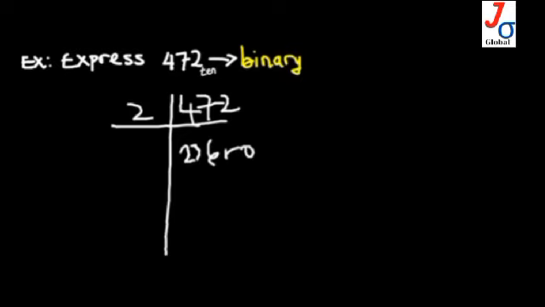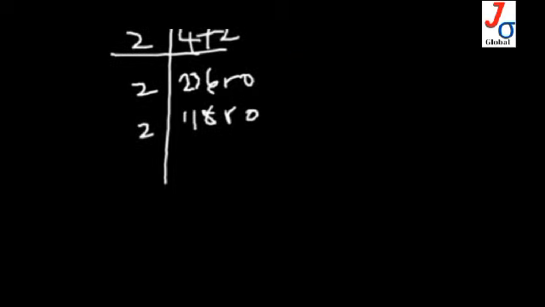Then divide the same value by 2. That's 118. Remainder is an even number, so it's going to be 0. Then also divide 118 by 2. You are going to have 59. Remainder is 0.